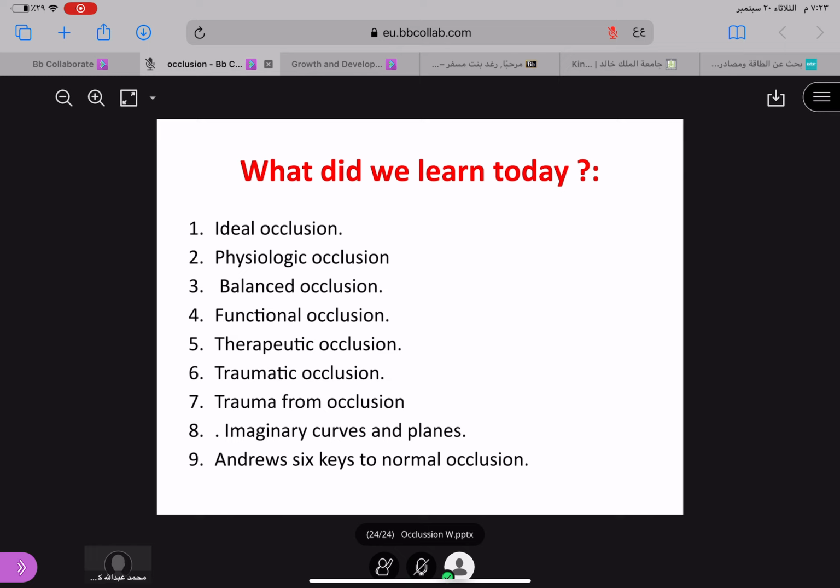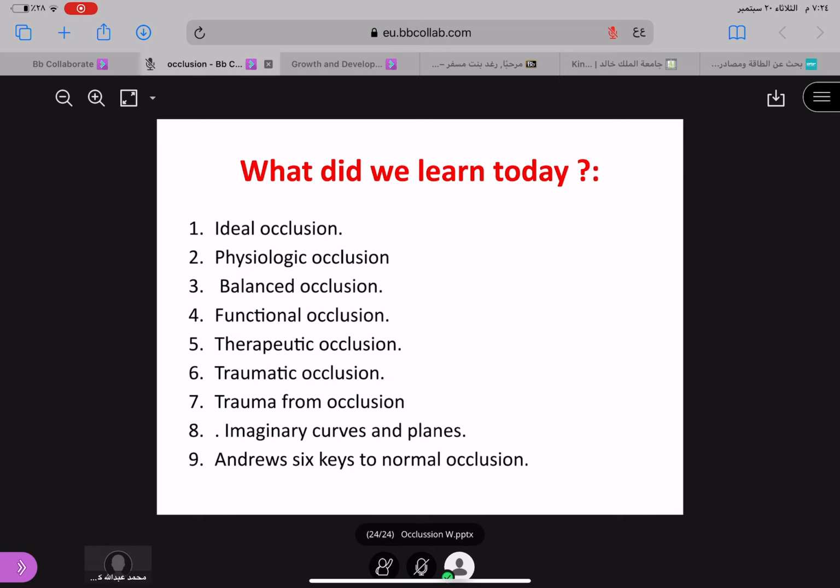So the summary of this part of the lecture is: what is an occlusion? Is it static or dynamic? What is ideal occlusion? Does it exist or not? What is physiological occlusion? That is a deviation from the ideal occlusion, but in physiological range, giving proper structure and proper functions.